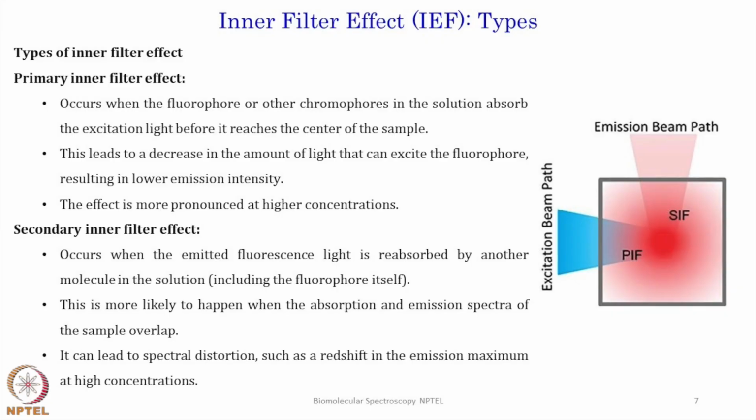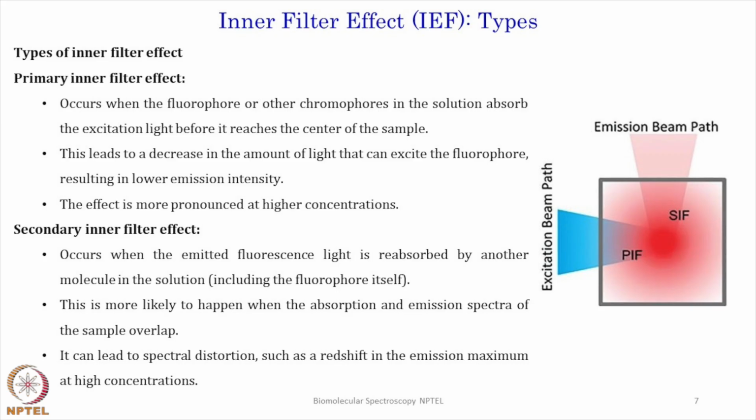So, inner filter effect, how can it come? One, already I said concentrated sample has a problem, light is not reaching there, you are not getting enough signal from the molecule that is the fluorophore sitting there, right. So, it can happen because of two effects, something called primary inner filter effect and second is called secondary inner filter effect. Let us see what is primary and secondary.